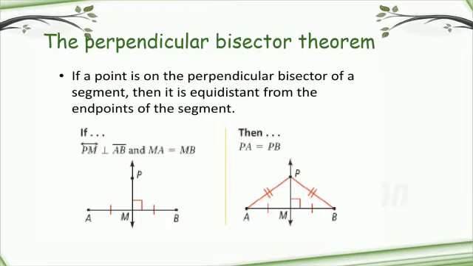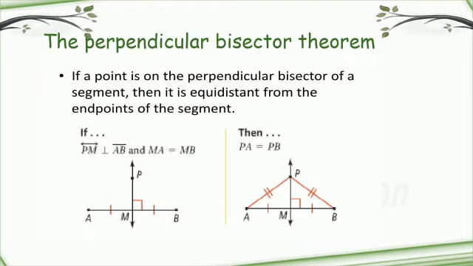The perpendicular bisector has a specific theorem. If a point is on the perpendicular bisector of a segment, then it is equidistant from the endpoints of the segment, or the extremities. Over here we have point P. It's located on the perpendicular bisector.